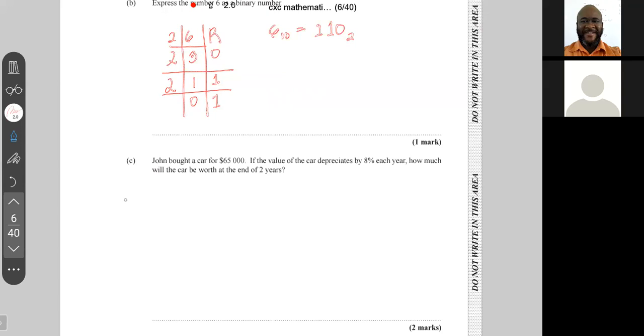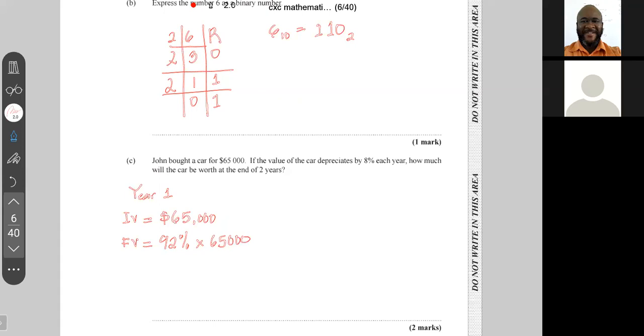So for this car, year one, the initial value is 65,000. And the final value, which is the value at the end of the year, is going to be what? 92% of the 65,000.